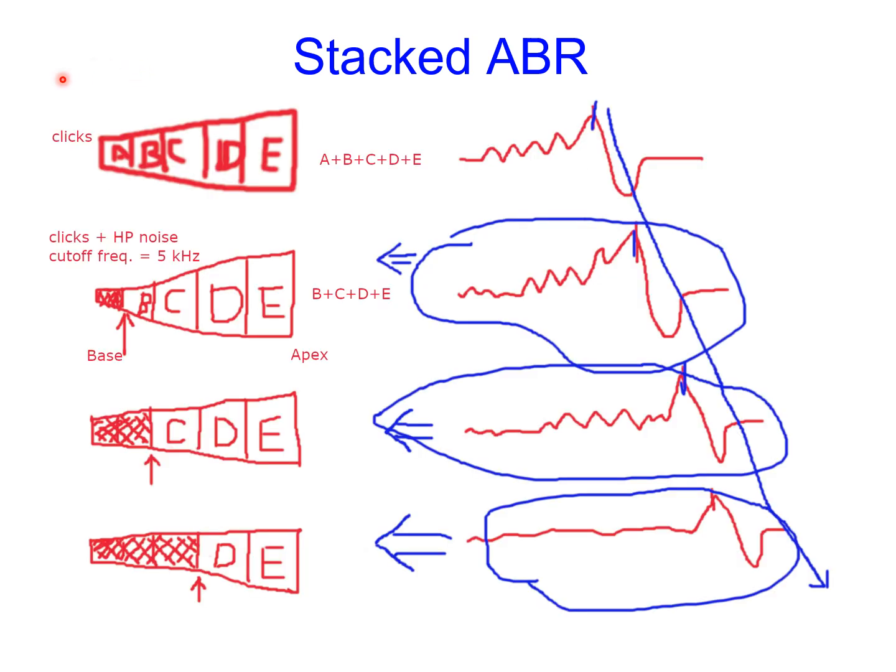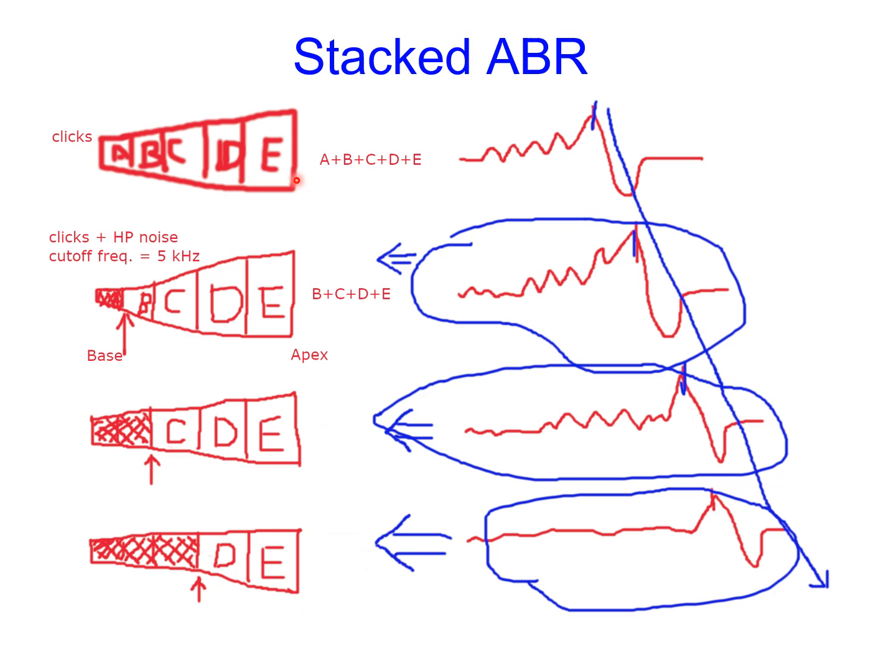Here is the figure I drew to illustrate the concept of stacked ABR. Stacked ABR is based on derived responses that we have gone over in this class earlier, so let's do a brief review. Let's say we have acoustic clicks, and because clicks are a broadband stimulus, they will excite all regions of the cochlea.